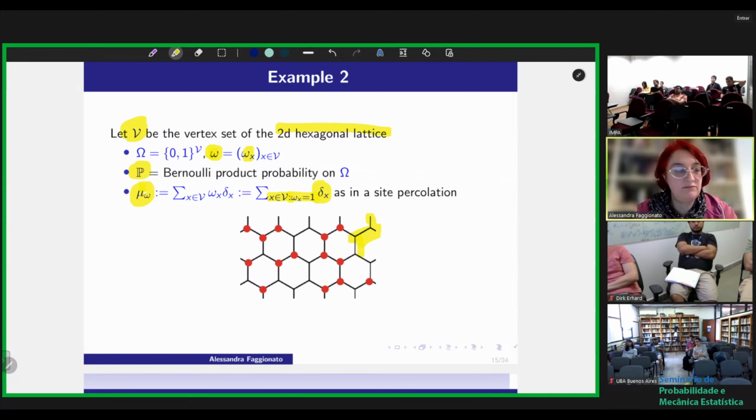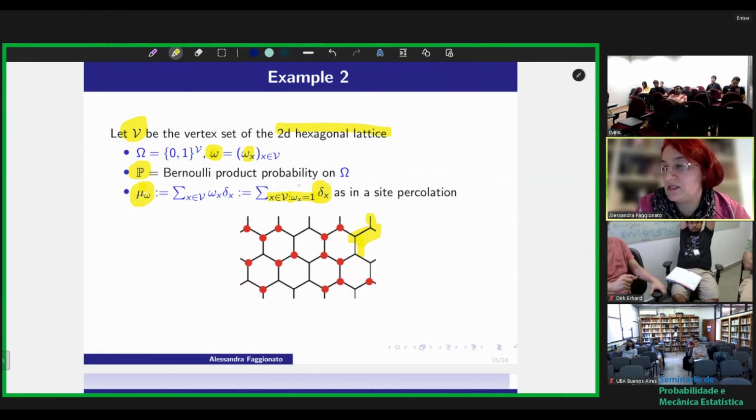In percolation terminology, it means x is open, and then you take a Dirac measure on x. When you study simple point processes and deal with locally finite sets of points, you can associate a measure in this way, by associating a Dirac measure of mass 1 to each point. So I just restated Bernoulli site percolation in terms of random measures.